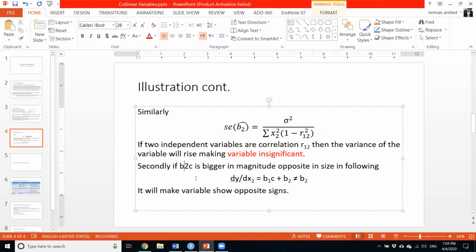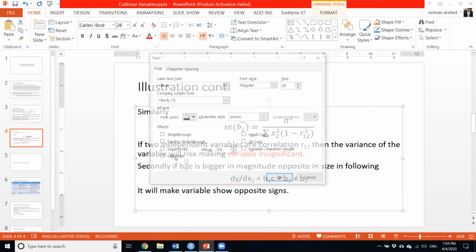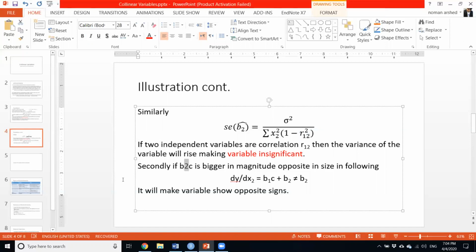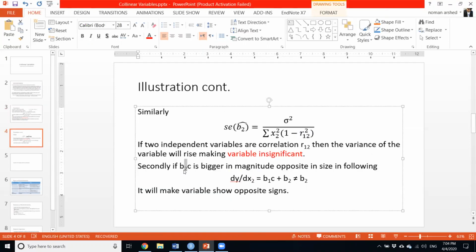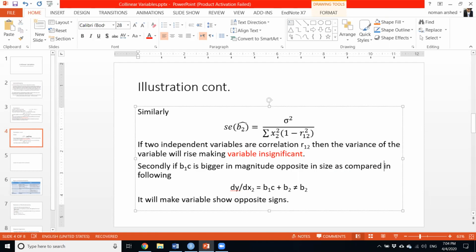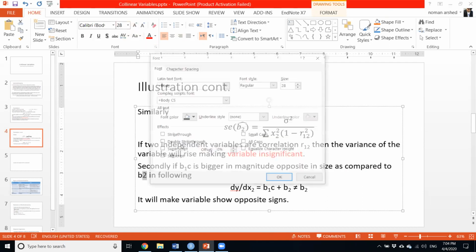Secondly, another problem is that if the coefficient B1 into C is bigger in magnitude and opposite in sign as compared to B2, that is shown in the equation below.